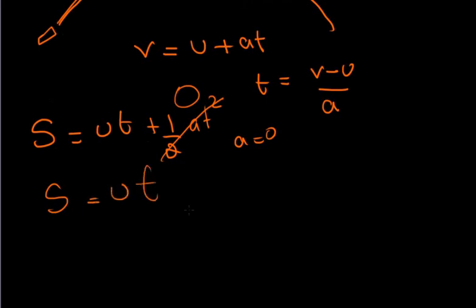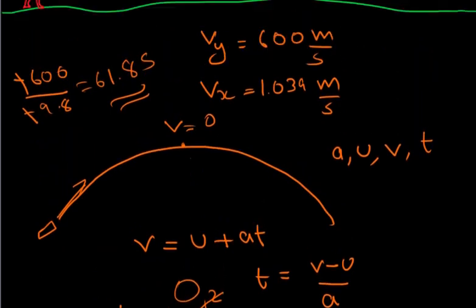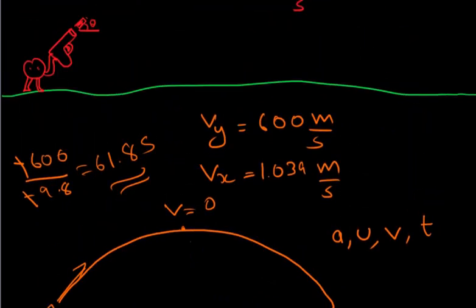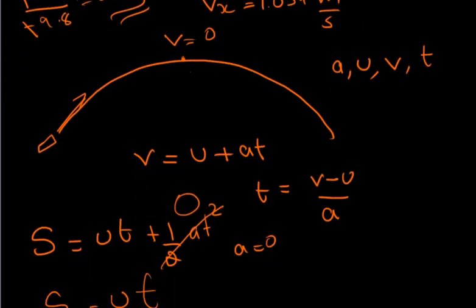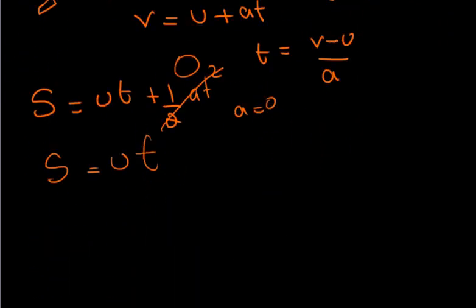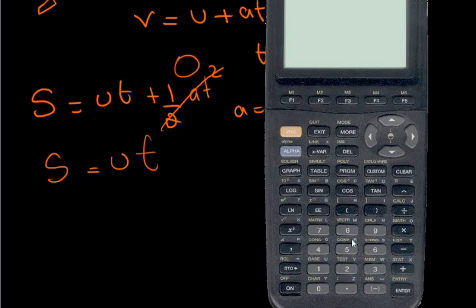So we know the initial velocity. It is 1200 times the cosine of theta. That theta is 30 degrees. So we can plug that in our calculator.